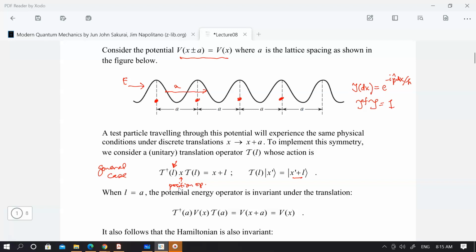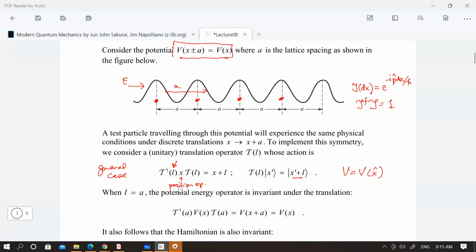What we want to do is to specify this translation length to be the lattice distance, and we operate this on the potential energy operator. The potential energy operator is simply a function of the position operator in general, but now we enforce the periodicity condition that we mentioned earlier.